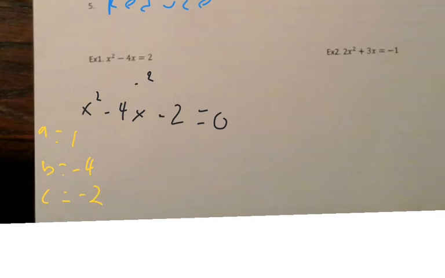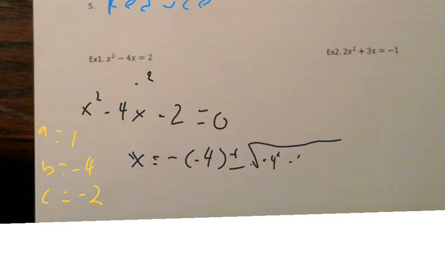Okay, so now that we found those, now we plug it into our formula. So remember we have x equals negative b, so negative 4, plus or minus the square root of b squared, so negative 4 squared, minus 4 times ac, so 1 times negative 2.